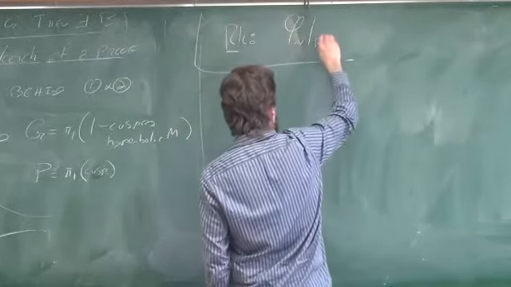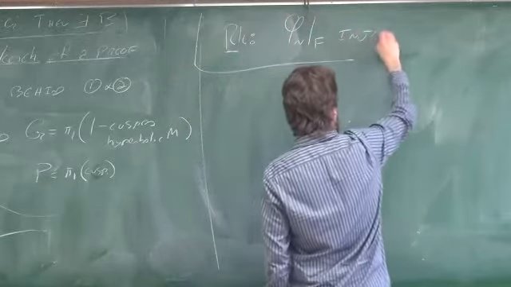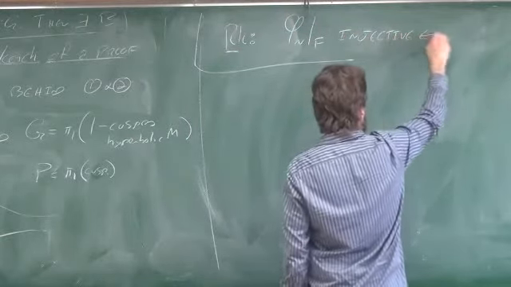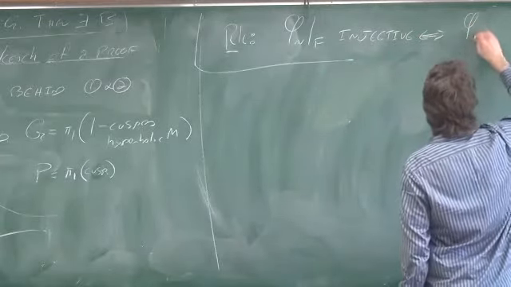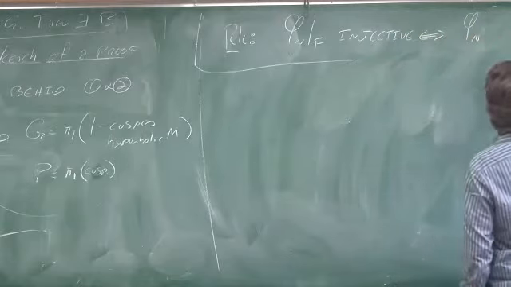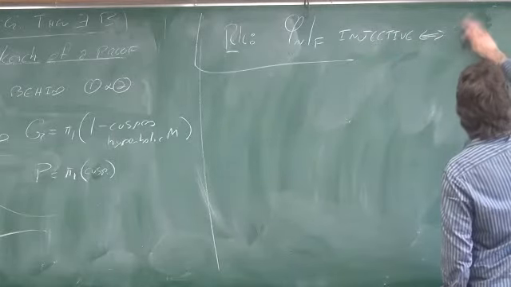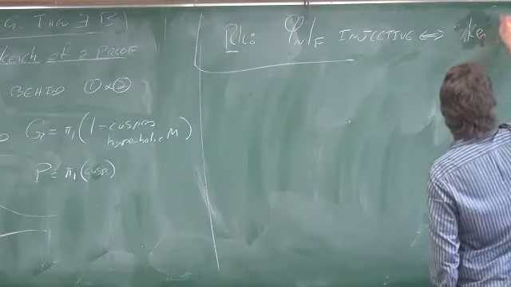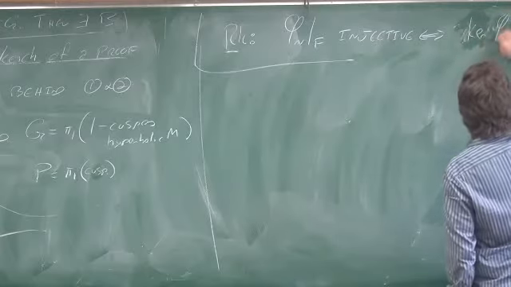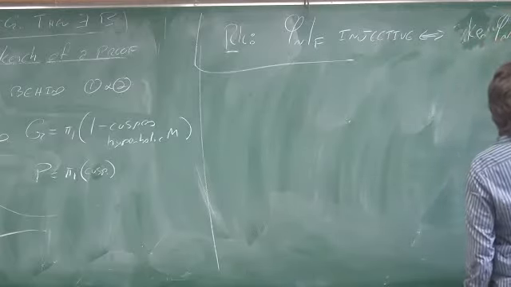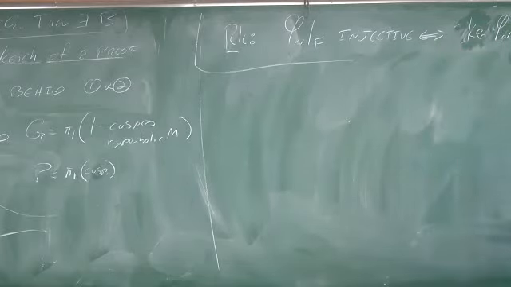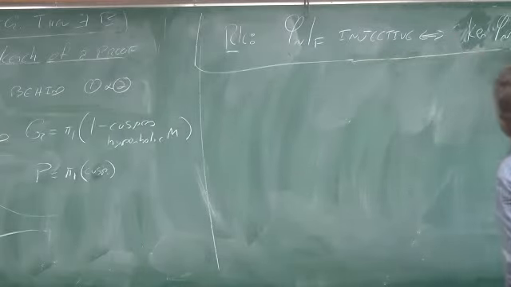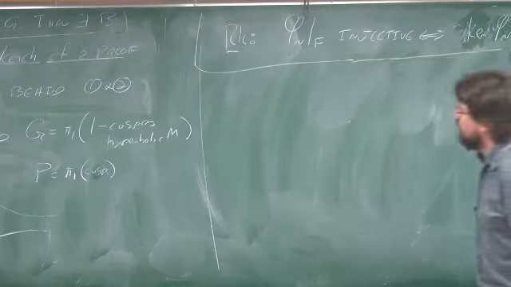Phi n restricted to F injective is the same as saying that the kernel of phi n intersect F F inverse is a trivial element. So it's just saying I haven't identified anything in F.